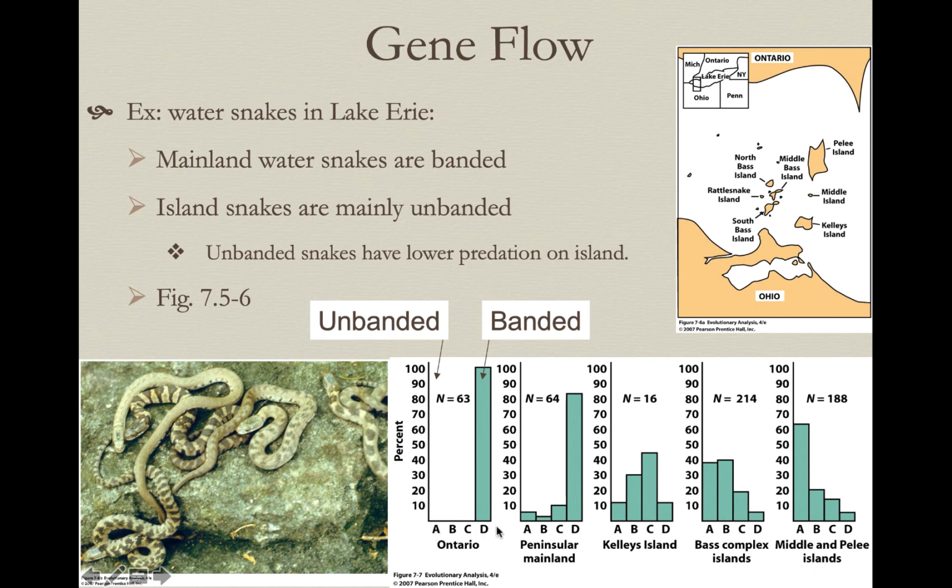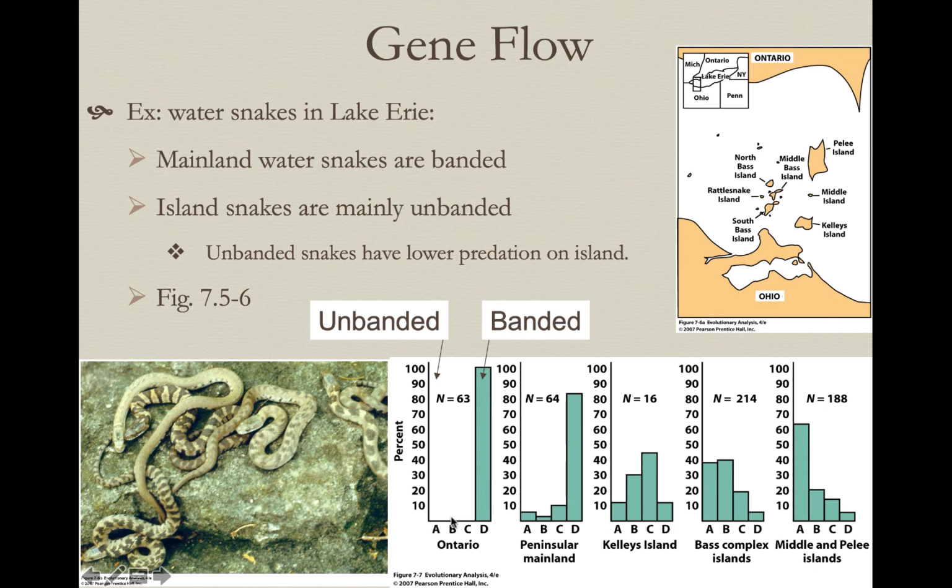And on the x-axis here, the A, B, C, and D are basically classifications of the degree of bandedness or unbandedness. So the closer you are to A, you don't have any bands. You get a little bit of bands here, got quite a few more bands here, and then you're heavily banded if you're D. Okay, so that's going to be true for all of these.